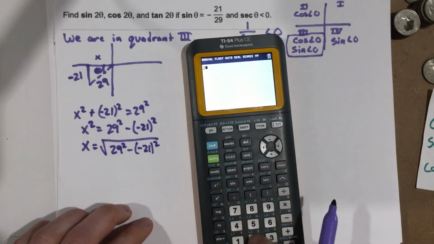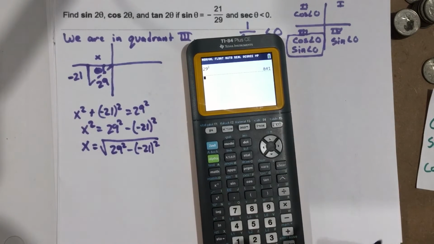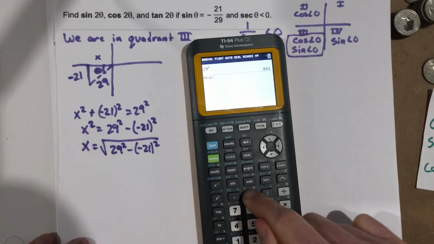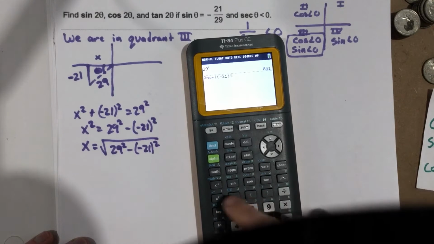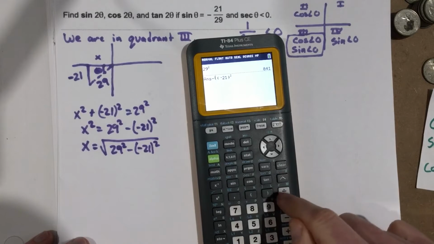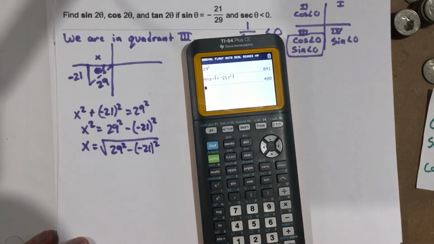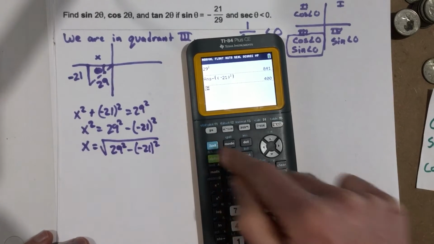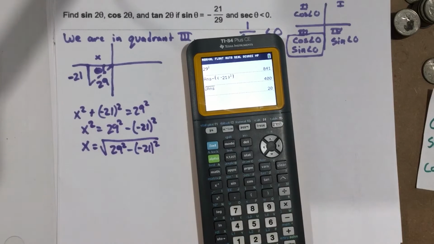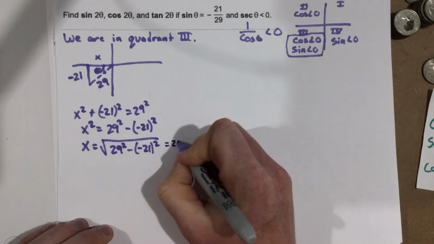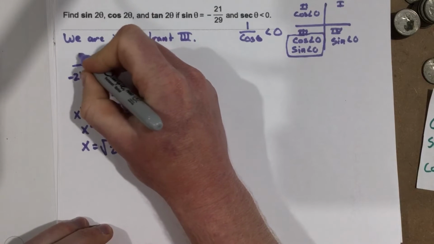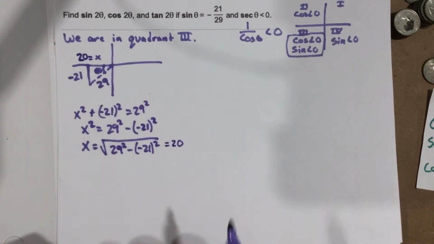Plug that in the calculator, 29 squared, 841, minus, we'll have to do negative 21 squared, make sure I put those in parentheses, 400, square root of that, 20. So we get 20 as our x value, which means that this is 20 here. Okay, how does that help us?